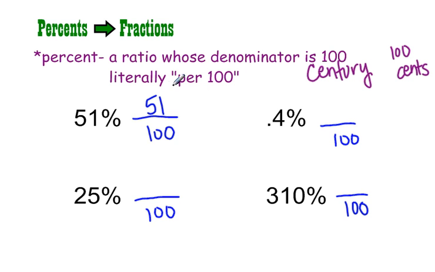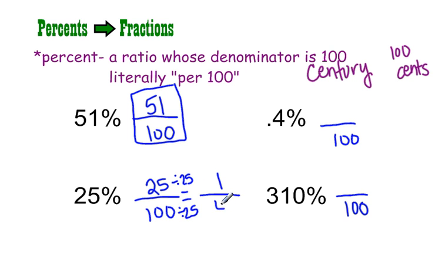I can't reduce 51 over 100, so that one's done. I'm going to write 25 here. And I can reduce this. I can divide both the top and bottom by 25. And I will end up with 1/4.